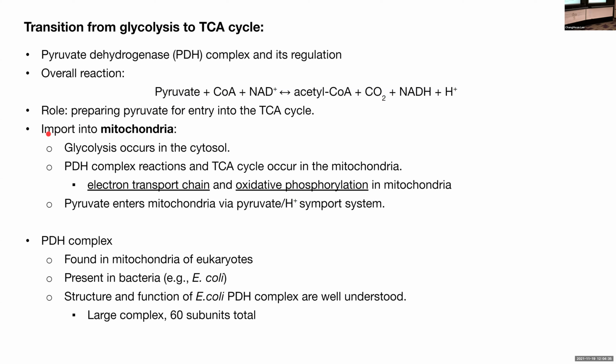That actually requires an import of pyruvate into mitochondria, because glycolysis, as we talked about last week, happens inside the cytoplasm, because all the enzymes as well as the substrates are soluble, right? So it includes the pyruvate too. So pyruvate should be in the cytoplasm, but the TCA cycle happens inside the mitochondria. So pyruvate has to be imported into mitochondria.